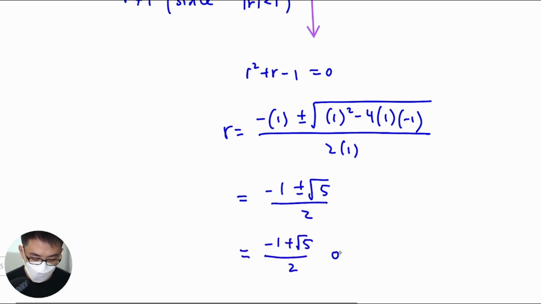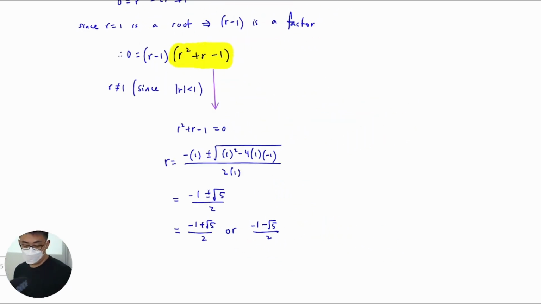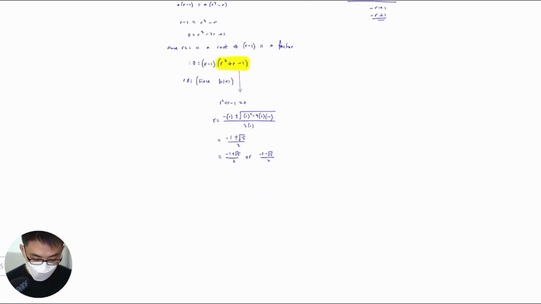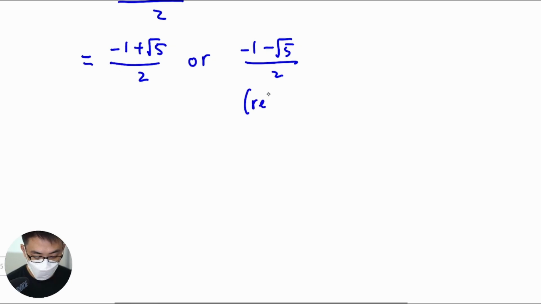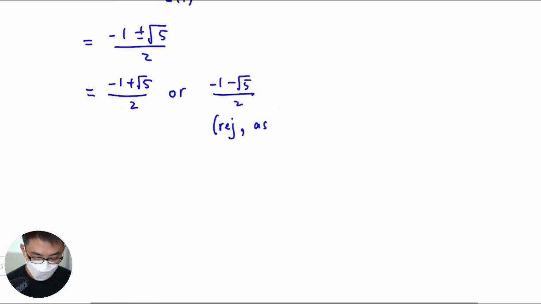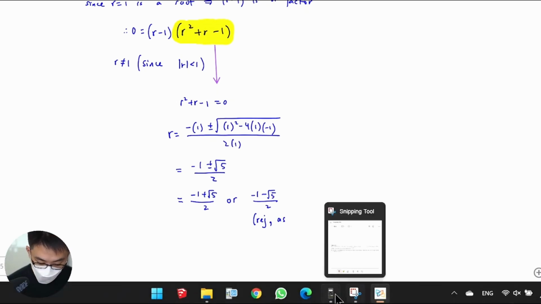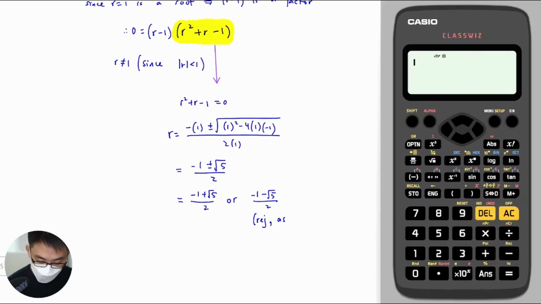Which one to reject? You know which it is, but you need to give the reason why you reject it. It can be negative, yes, because you want mod R to be less than 1, which makes the next term smaller.